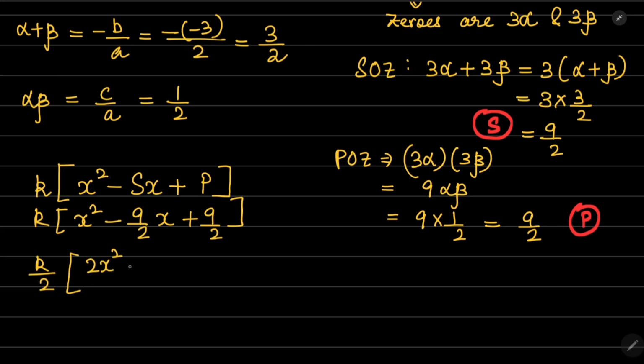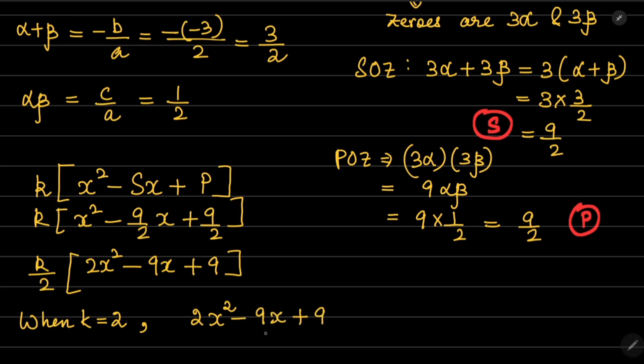So the numerator will have 2x square minus 9x plus 9. And when k is equal to 2, your outer 2 by 2 becomes 1. The required polynomial is 2x square minus 9x plus 9, whose zeros are 3 alpha and 3 beta.